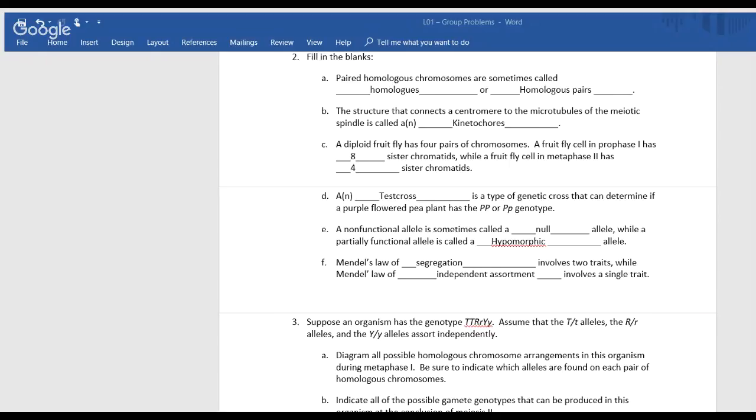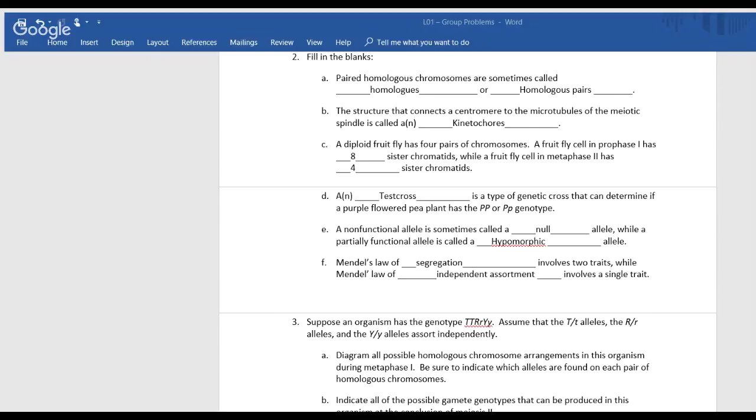There would be 2 sister chromatids to the homologous chromosomes, and they would separate during anaphase 1, and it would be segregation, meaning that the 2 traits that are involved will ultimately determine the gametes.